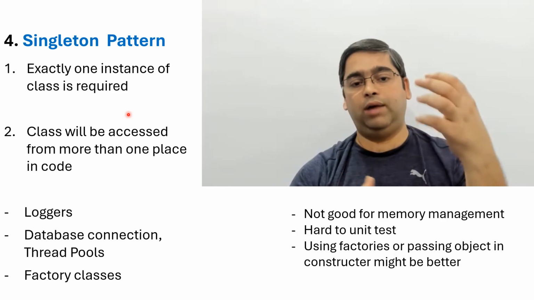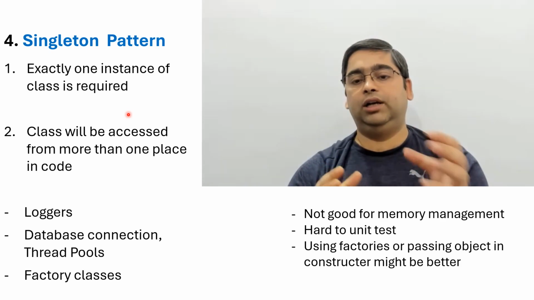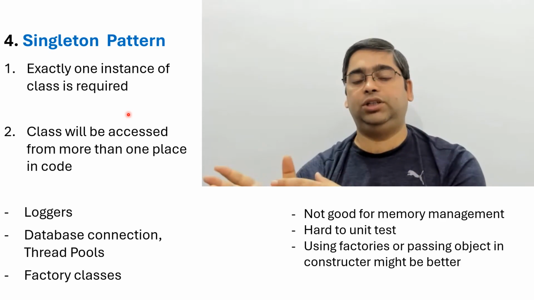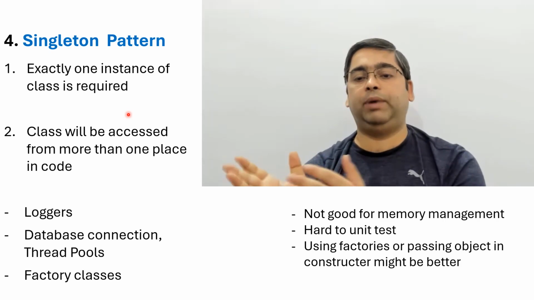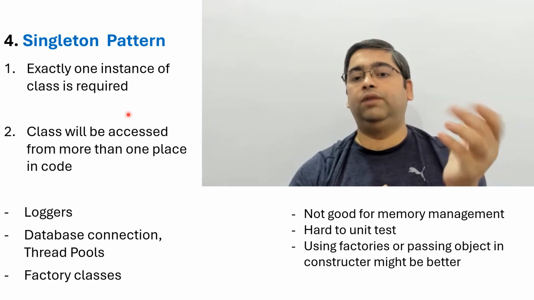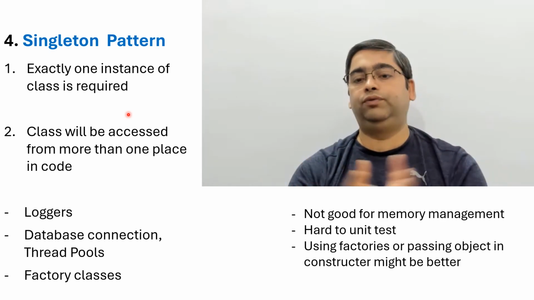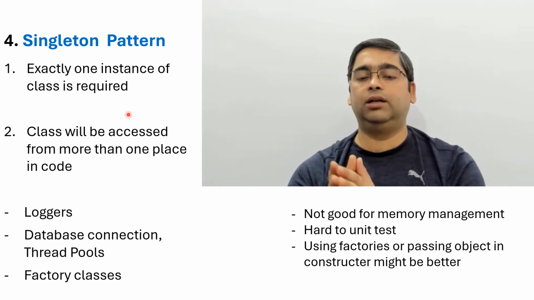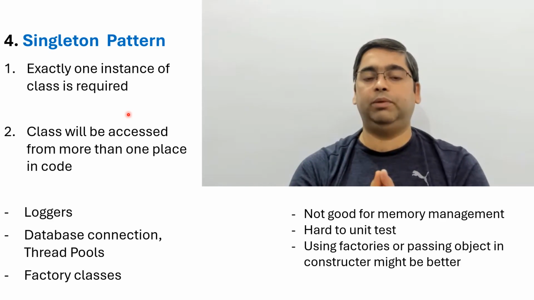You have only one object, and all the unit tests depend on it. Suppose one unit test changes the internal state of that class. This can bring unexpected errors in other unit tests because it is difficult to mock. So again, the option is to use factories, or you can pass the object in the constructor of the class where it is being used. Those options may be better.